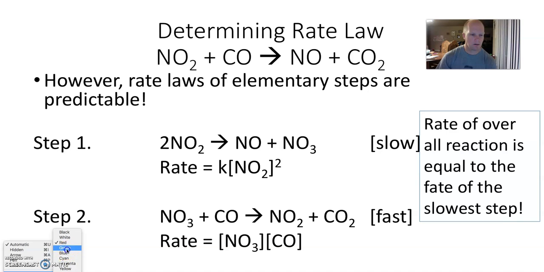There should be an R right here: not the fate of the slowest step, the rate. Although I guess fate isn't quite that far off, is it? So the rate law of our slow step is going to be the same as the overall rate law for the reaction, because that slow step determines the speed at which the reaction proceeds.